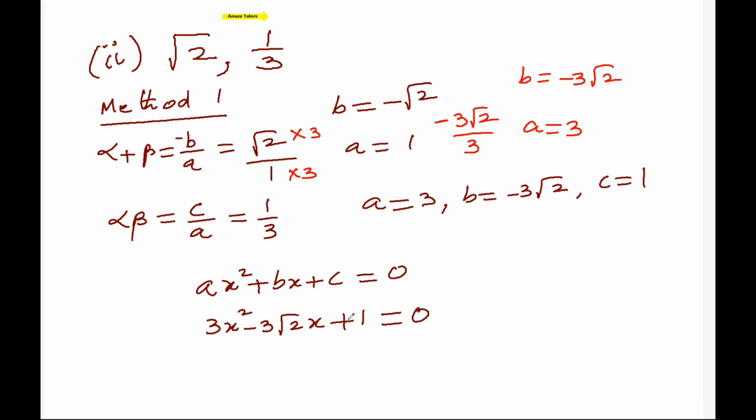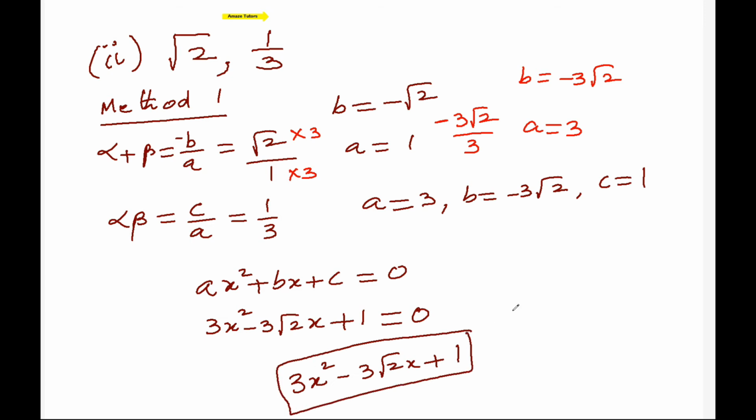But I want only the quadratic polynomial. Consider the left side alone. 3x squared minus 3 root 2x plus 1 is the answer. So I hope you understand the second question as well.